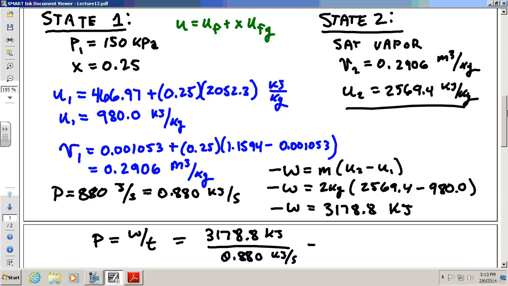So it's going to be a pretty big number of seconds. 3,178.8 divided by 0.88 is 3612.3. About 3,600 seconds. What's 3,600 seconds? An hour, right? So it takes about an hour.